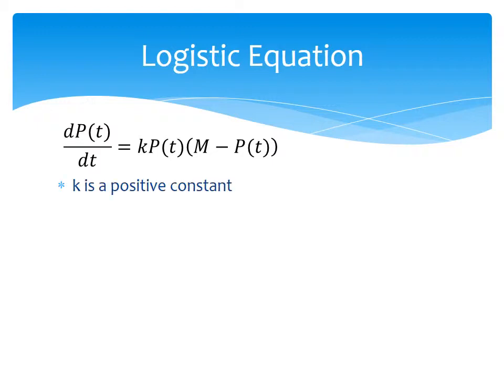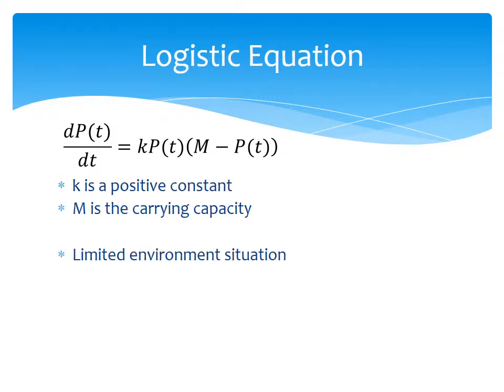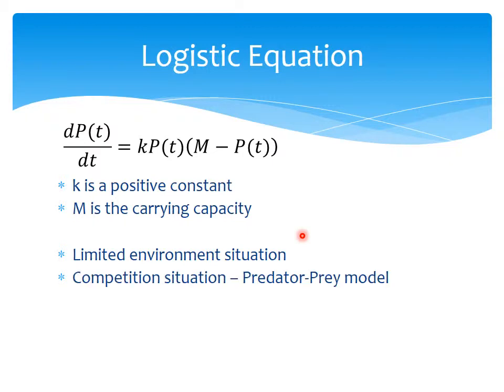K is a positive constant, and M is also a constant, and it's referred to as the carrying capacity of the population, or what is the so-called quintessential population level that the population can sustain over time, and that's what's called M. This population will show up if there's a limited environmental situation, which means limited resources. At some time, the resources start being used up, so the population becomes limited, or a competition situation.